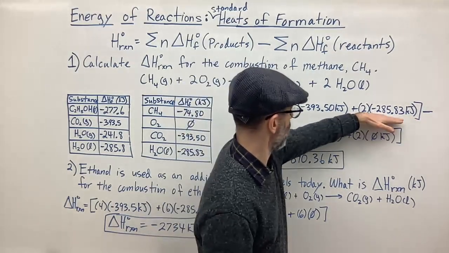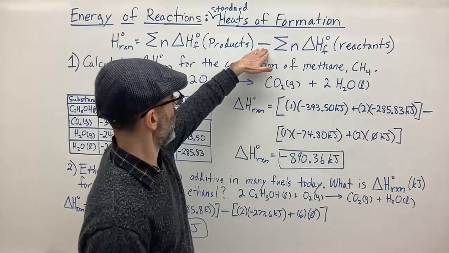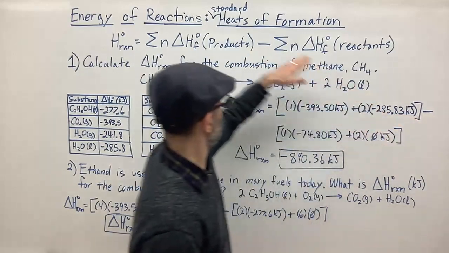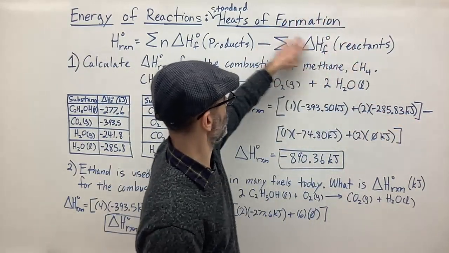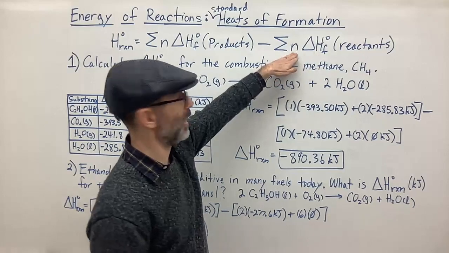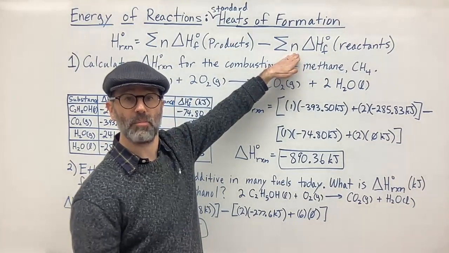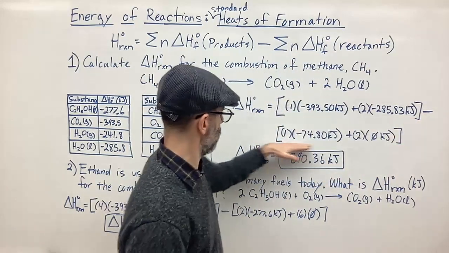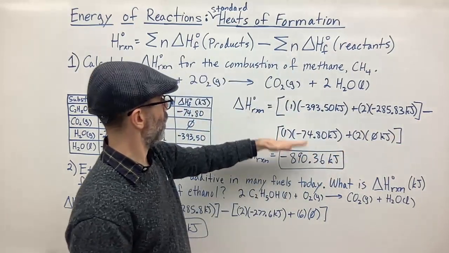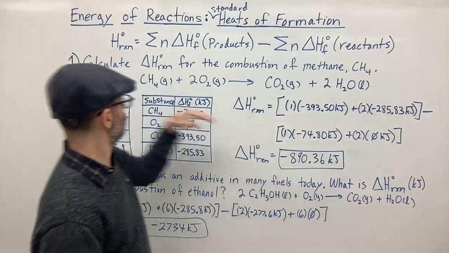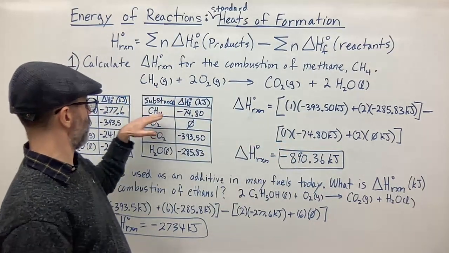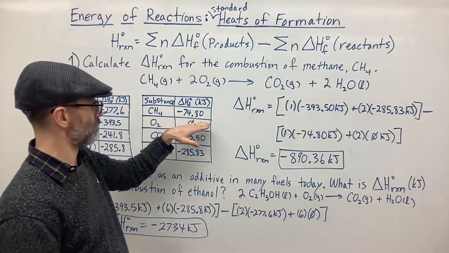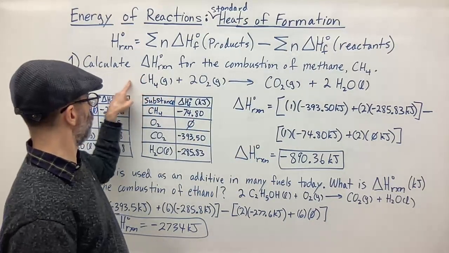So both of these are added together, subtracting out the sum of the heats of formation of the reactants multiplied by their stoichiometric moles in the balanced equation. So then I'm going to subtract, here are my reactants. So the first reactant is methane. So methane is negative 74.80. So I only have a coefficient of 1.